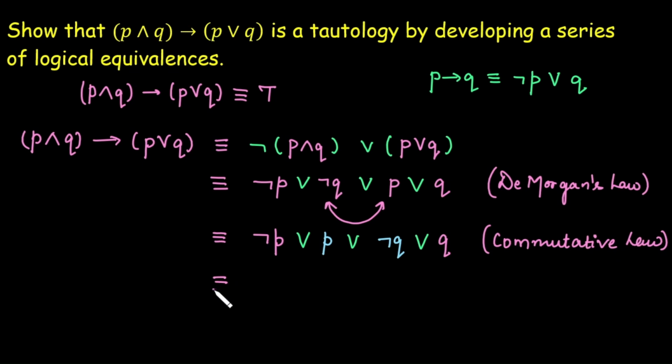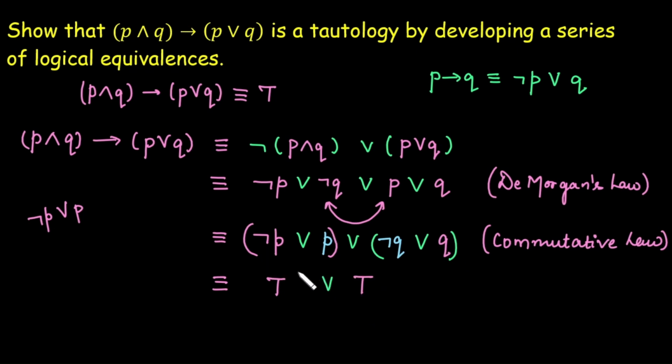Now we can write negation P or P. That is logically equivalent to what? Remember, negation P or P is like devil or angel, so obviously one will win. So it means true. Keep this operator as it is. Then negation Q or Q is the same form, devil or angel, so this is also true.